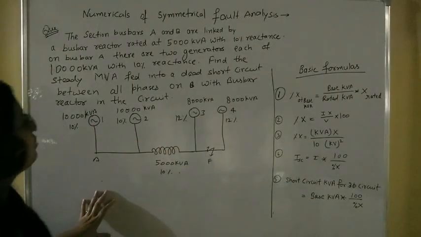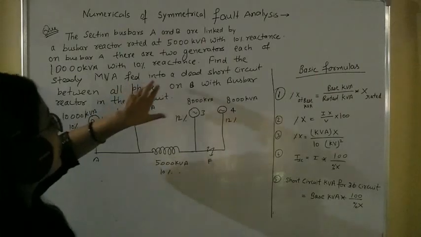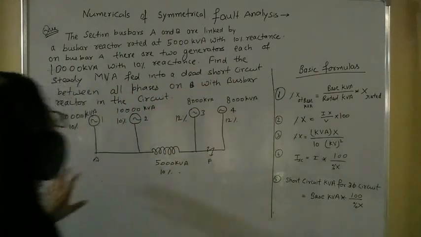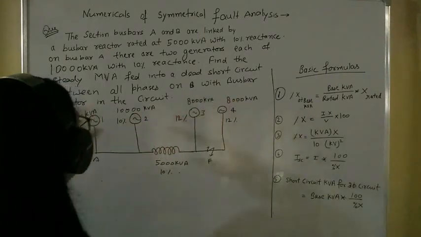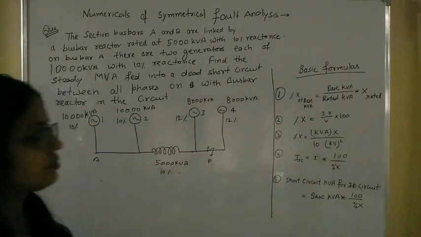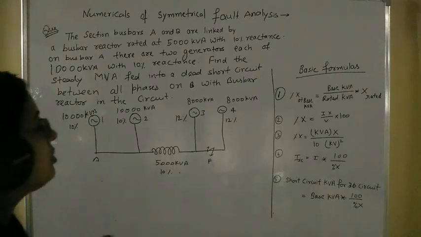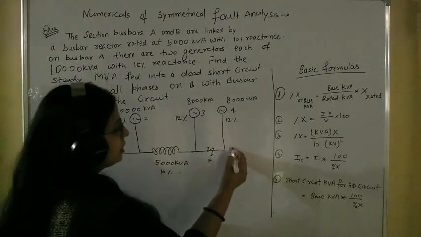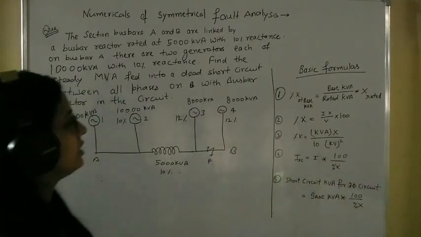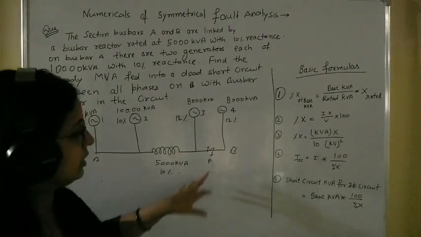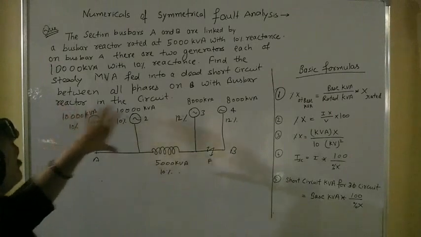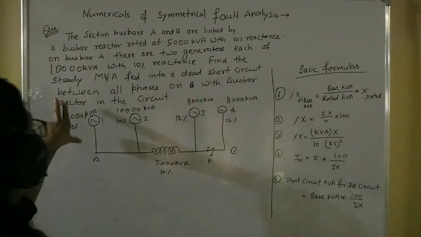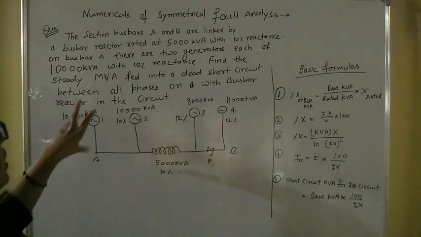Now the question is to find the steady MVA fed into the dead short circuit between all phases on B with bus bar reactor in the circuit. So if this is bus bar number B, and if there is a fault or short circuit at this bus bar, then what will be the short circuit kVA?